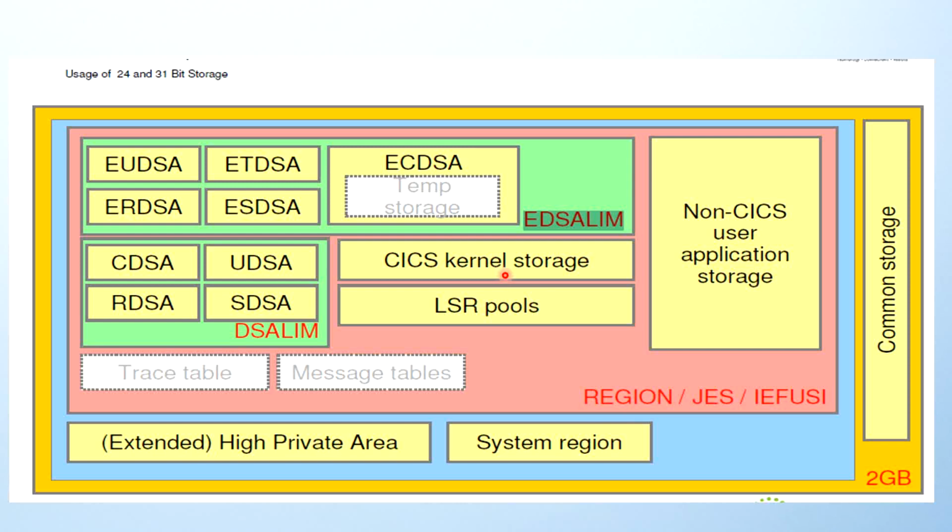Okay, and the rest of the area is used by the CICS kernel, LSR pools, and MVS GETMAINs and all that. So when you set REGION equal to parm for a CICS region, you need to keep all these things into consideration. Okay, so ultimately this REGION equal to attribute decides how big your CICS region is.